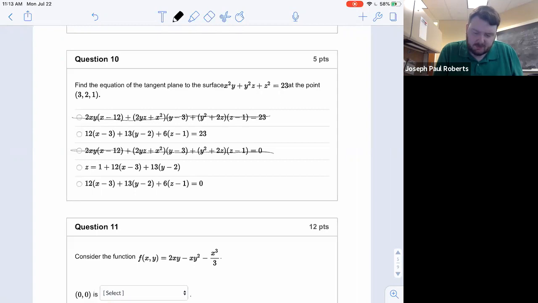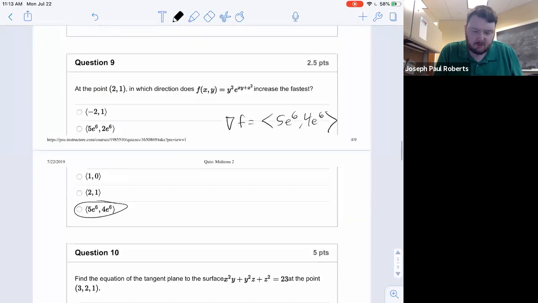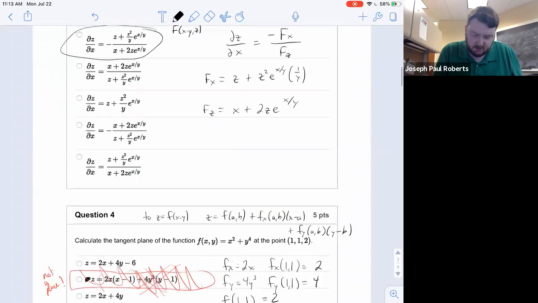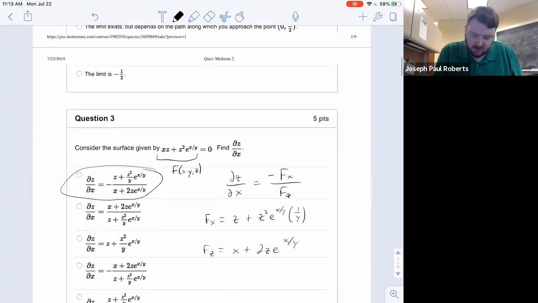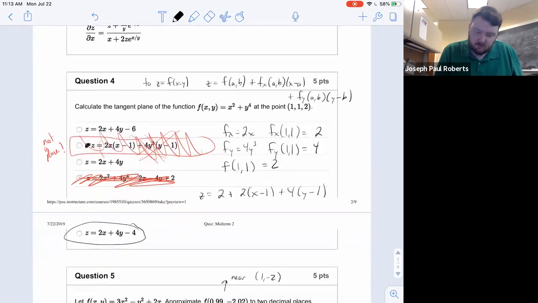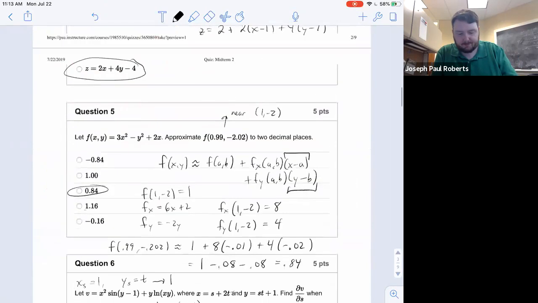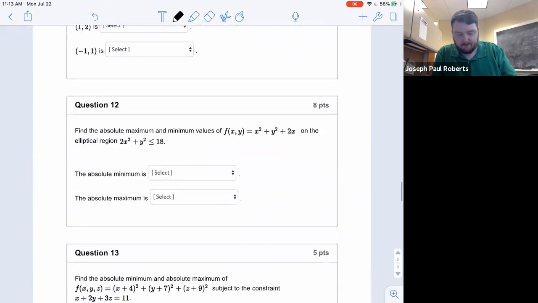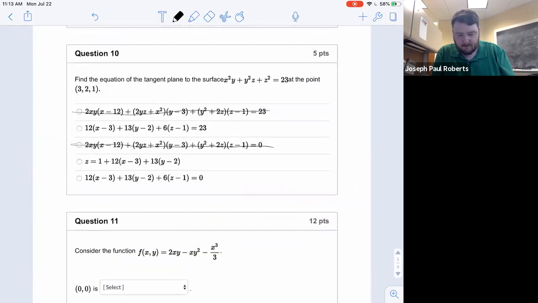And so whereas we had the tangent plane to the graph back in this previous question, so graph, remember, was when you have z equals f of x, y, for this one, this is a level surface.